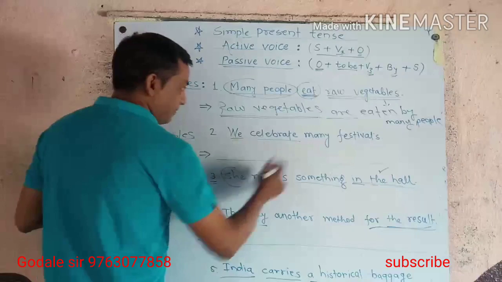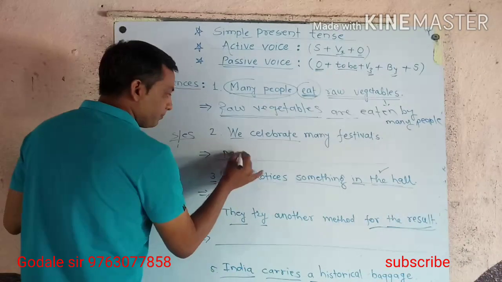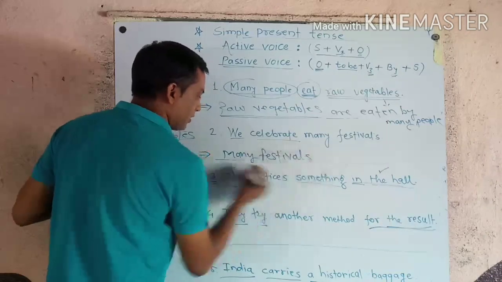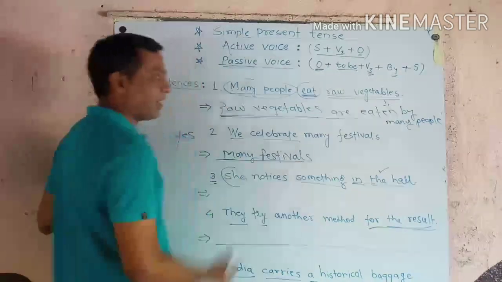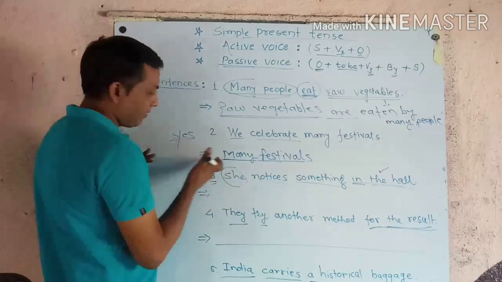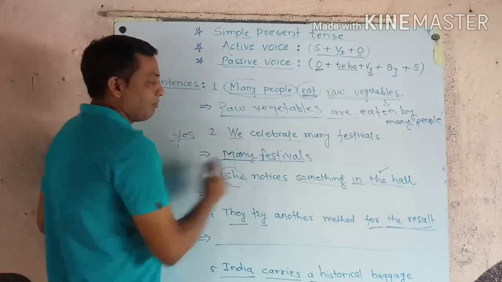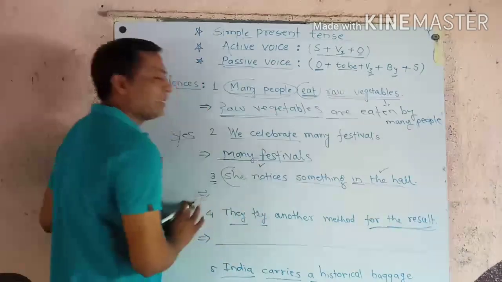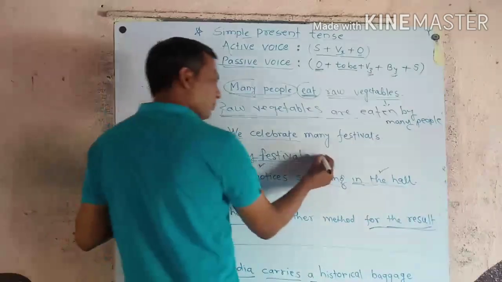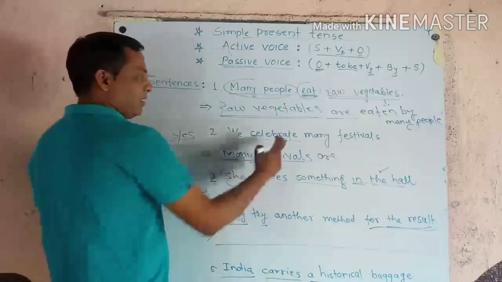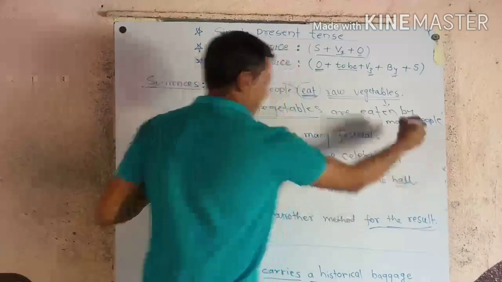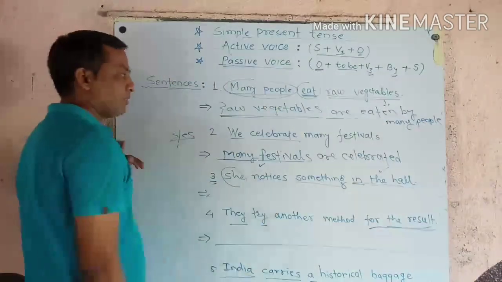Now in the following sentence, which is the object? Many festivals. This one is the object, and we have converted that object into the subject of passive voice. Again the same condition is here, because the subject of this new sentence is in plural form. So what should we take here? Again "are". And then the third form of the main verb, that is celebrated, "ed" is given at the last of this verb.